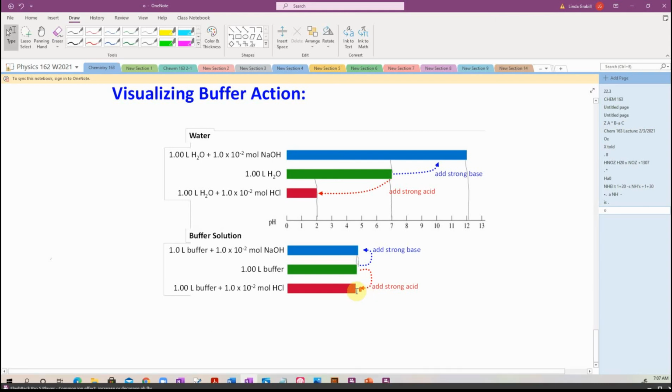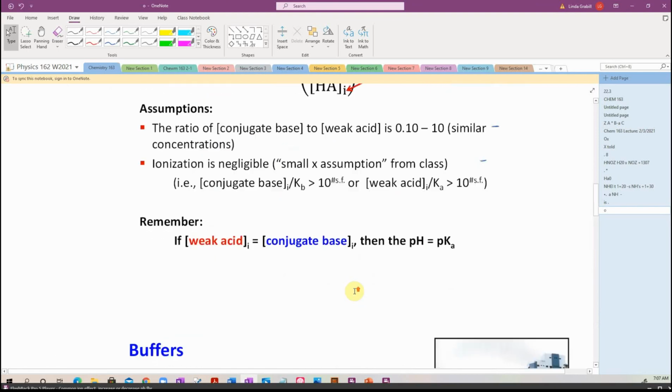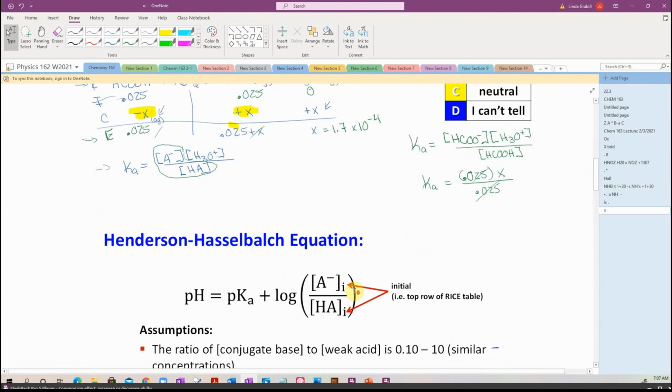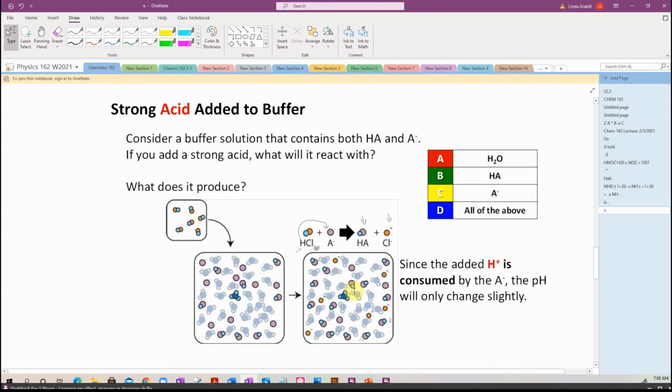So in small quantities, Henderson-Hasselbalch works only when we can ignore this change in X, and if the concentrations of both my conjugate acid or base and their weak acid or base are similar. They don't need to be identical, but similar. And that's just because if you come back to here and think about adding a strong acid or a strong base, my buffer is going to have little impact if I don't have similar concentrations, right?